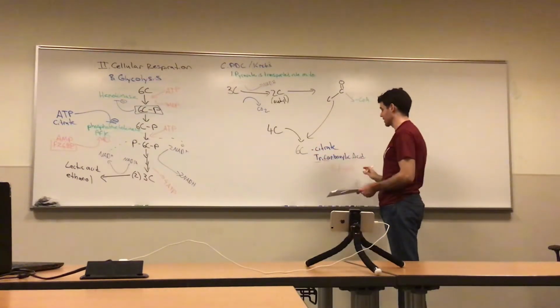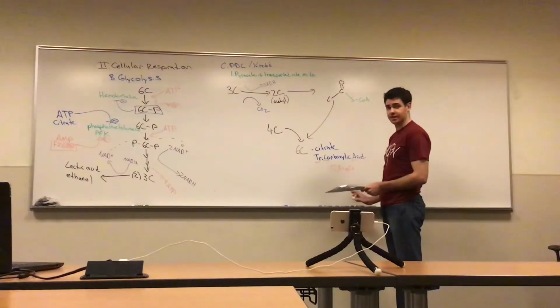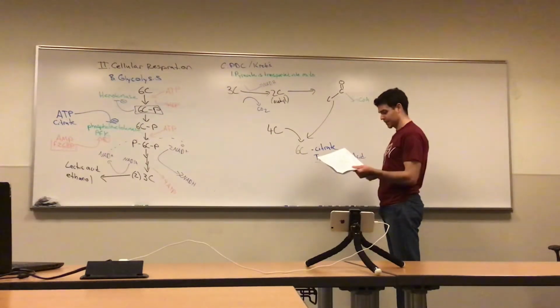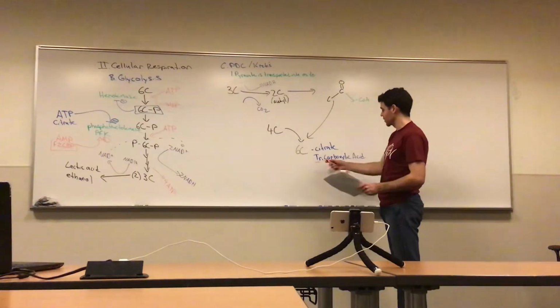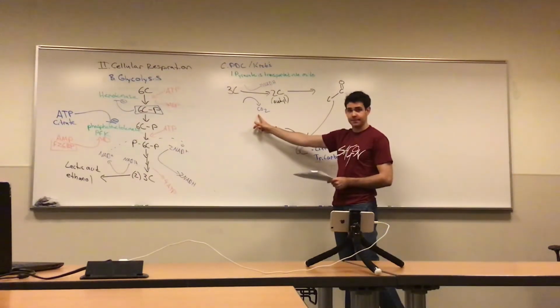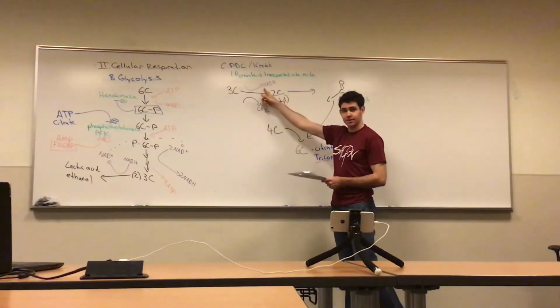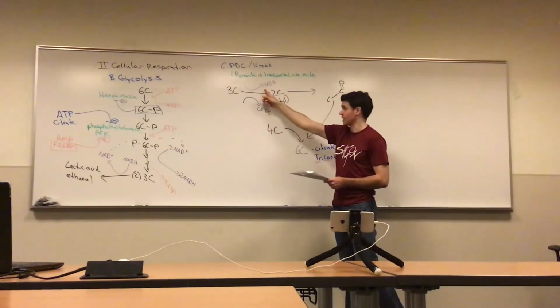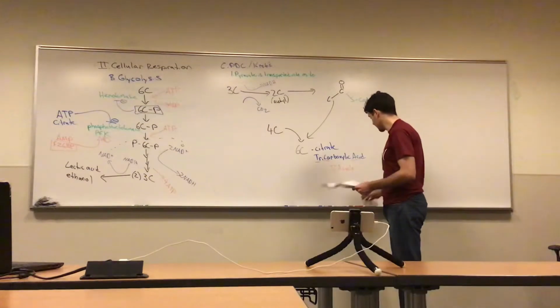That really makes the most sense, because we create these 3 carboxylic acids, and then we decarboxylate them and create these electron carriers.